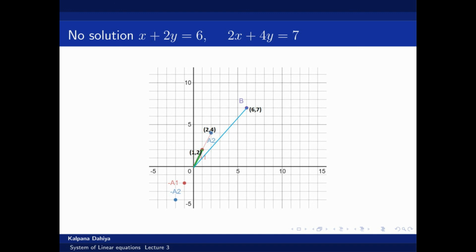But if you see the graph, A1 and A2, these two vectors, are in the same direction. So even if we multiply them by some positive or negative scalars, they are either in the same direction or in opposite directions. It means they will never form a parallelogram. This implies that we can't write B as a diagonal of the parallelogram in terms of vectors A1 and A2, so we say that the system has no solution.